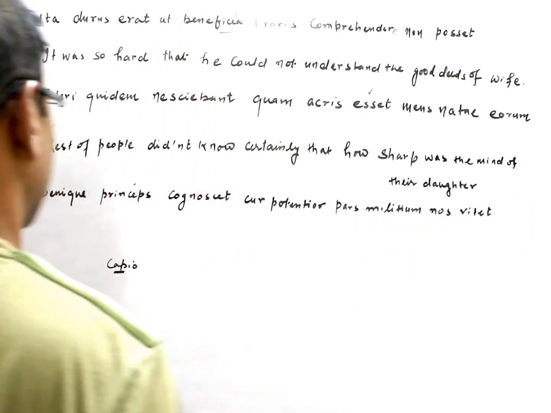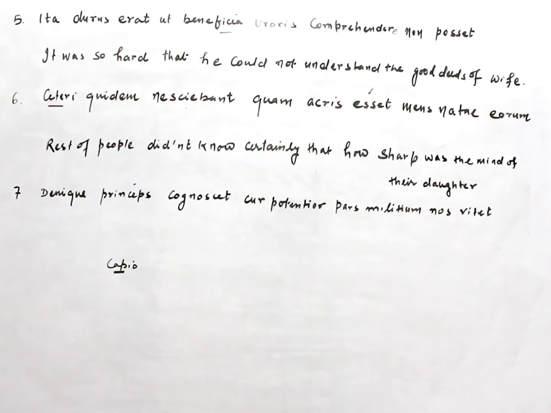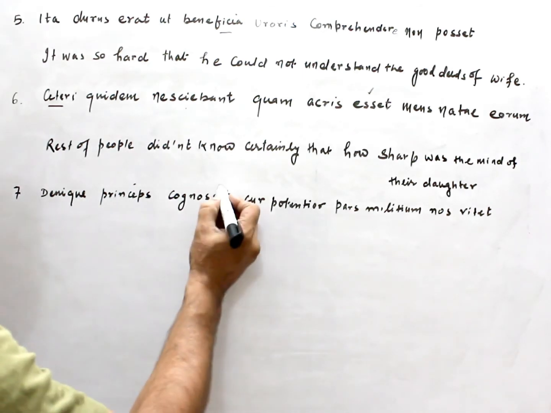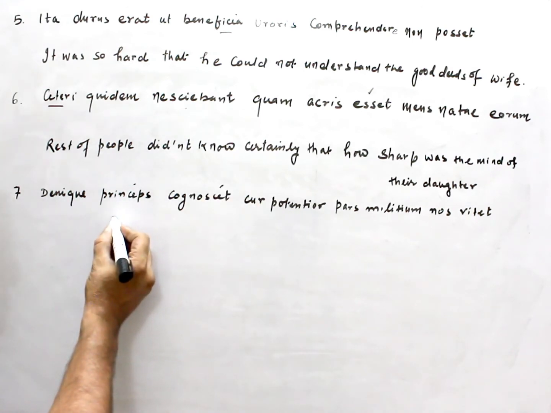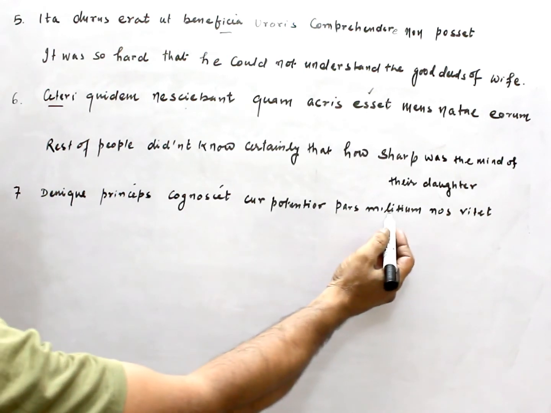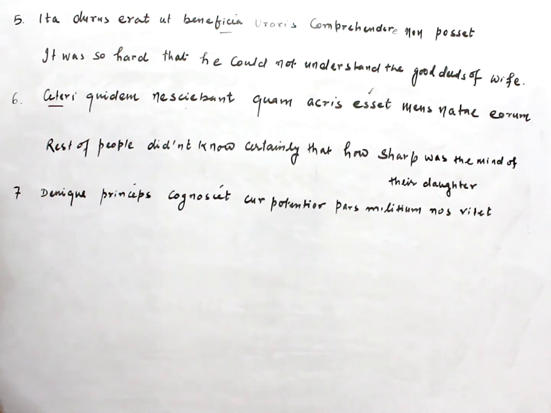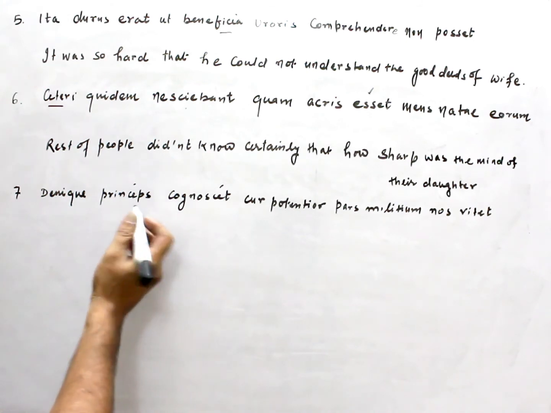So this means vitat is avoid. So this is the chief of the prince. Actually here the military, so better we can take prince also, okay.